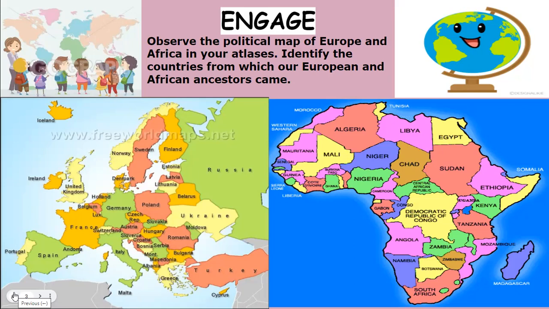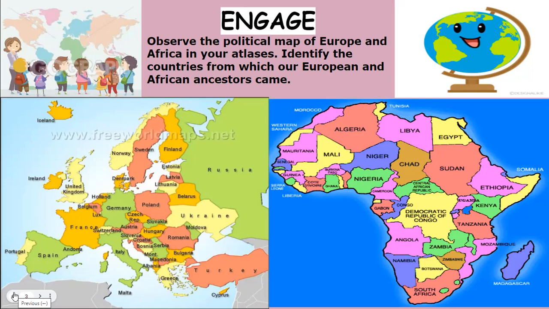As you can see, some of the African countries here are Libya, Egypt, you have Nigeria, you have Liberia, Angola, South Africa, Tanzania, Ethiopia. All right, so those are just some of the African countries.